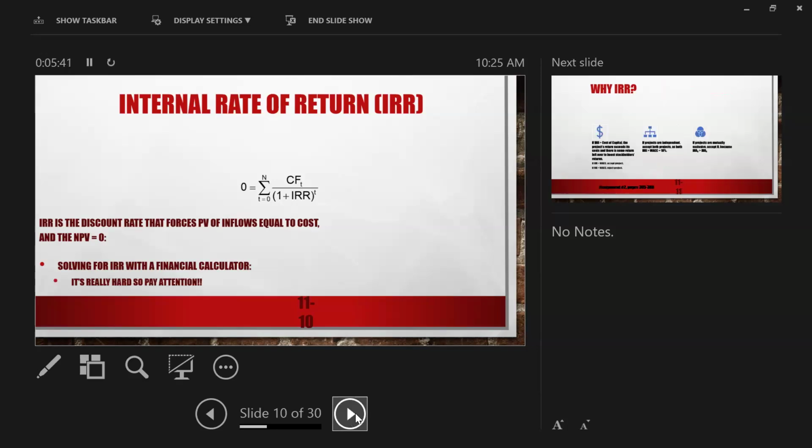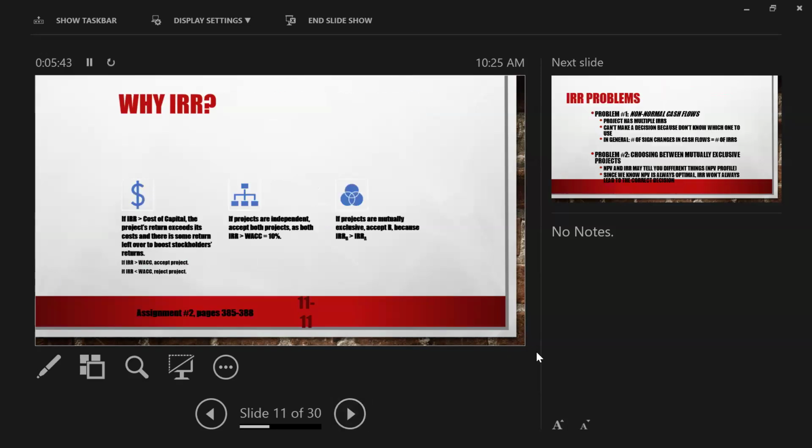So basically, all you have to do is hit IRR and then compute. So now let's ask the question of why IRR. Let's say you're a company and you're presenting your project to a bank or an investor, venture capital, private equity, what have you. The question a lot of them are going to ask is, what is the rate of return on this project?